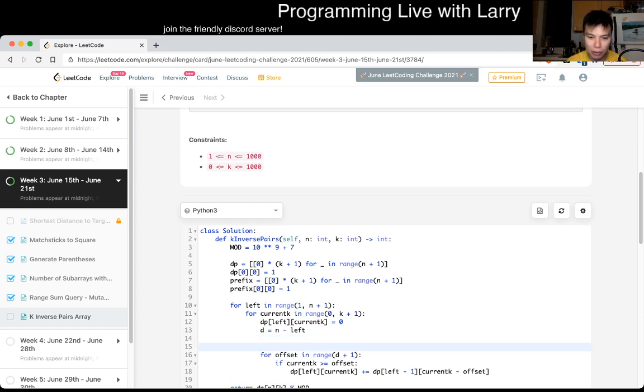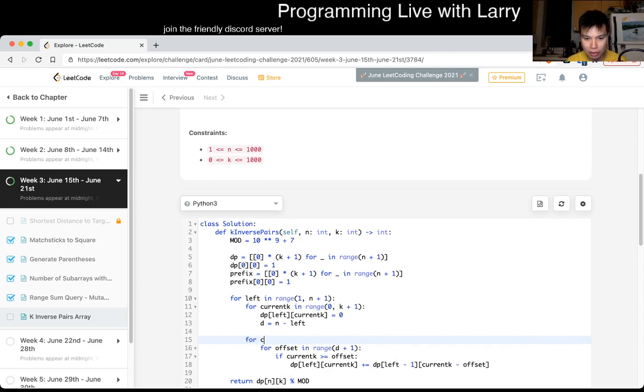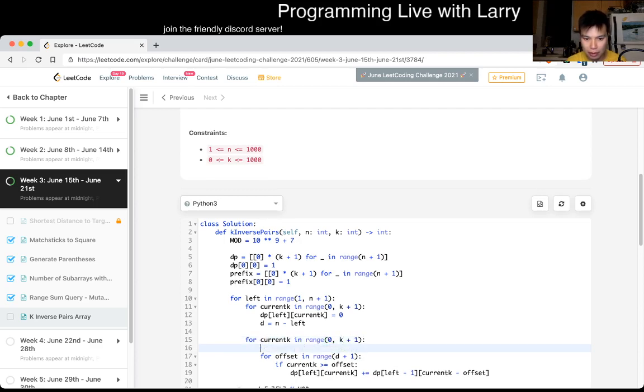we can do a for loop afterwards of the prefix array, right? So for we have prefix of left of current k increment by prefix of left of current k minus 1.